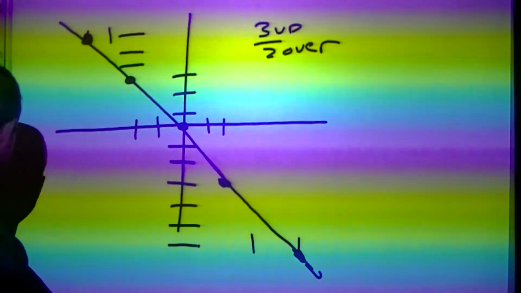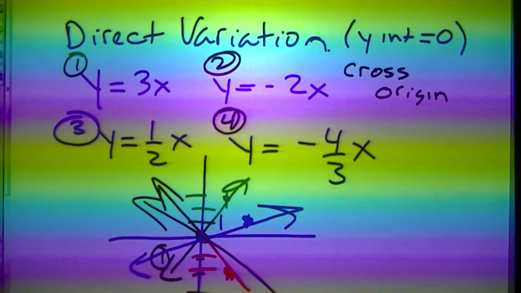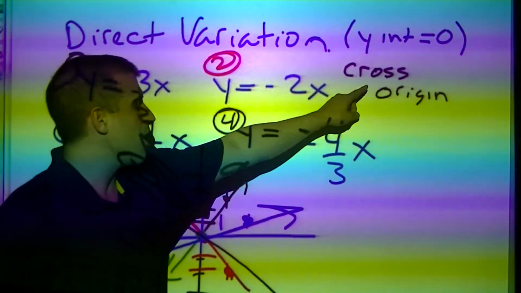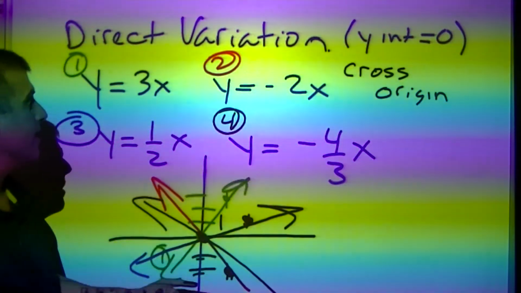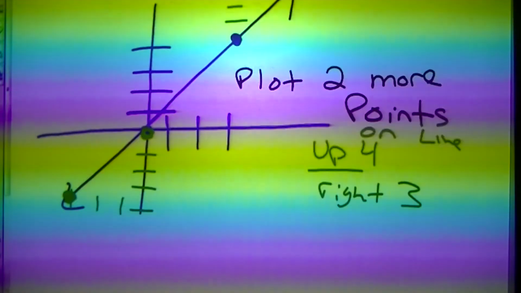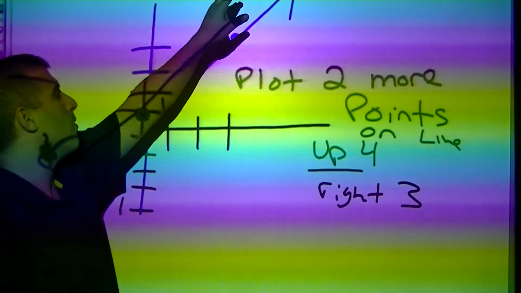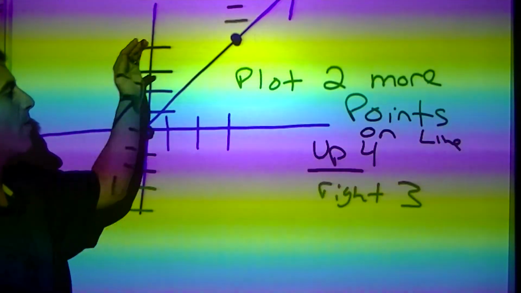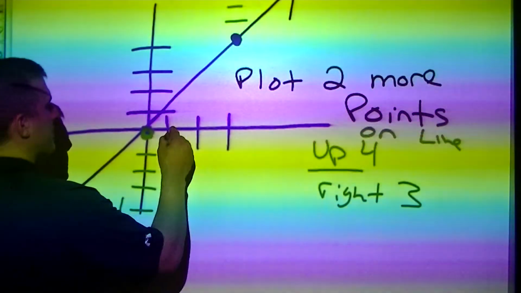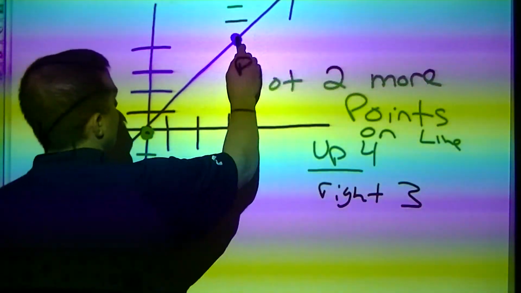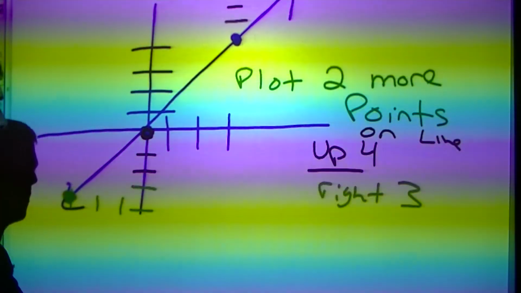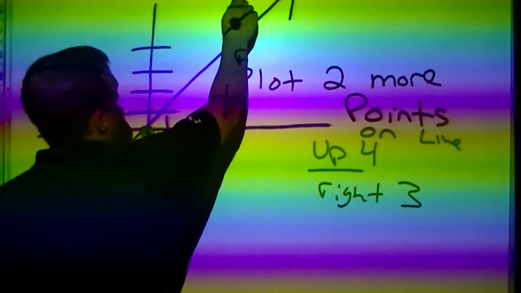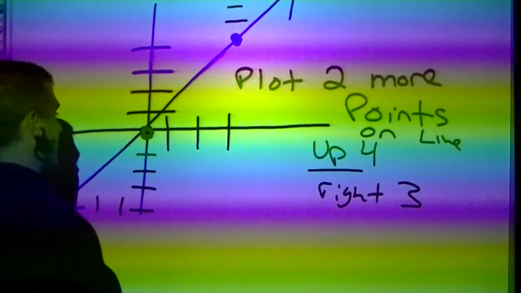So direct variation, a couple things to know. Direct variation crosses the origin and has a y-intercept of 0. To get more points on that, you just keep that rate going, or that slope going. So if my slope here was 4/3, I can keep going with 4/3. I can keep going in that direction. Up 4 more over 3. Up 4 more over 3.